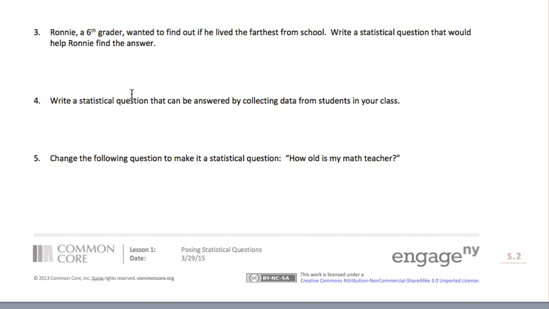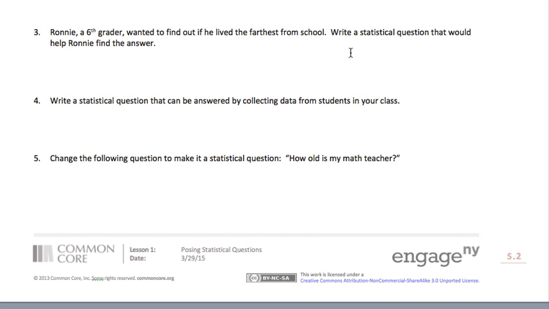Ronnie, a sixth grader, wanted to find out if he lived the farthest from school. Write a statistical question that would help Ronnie find the answer. So in order for the question to be statistical, we're going to have to be able to collect data that varies.